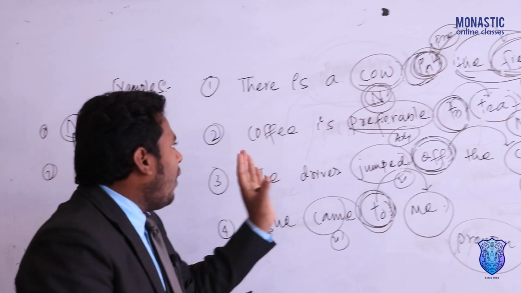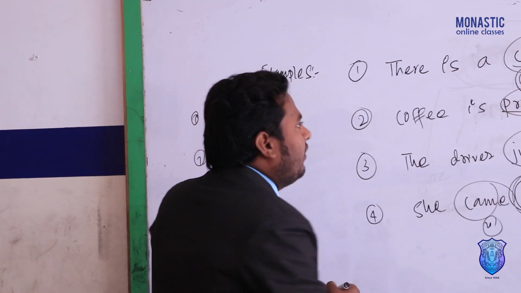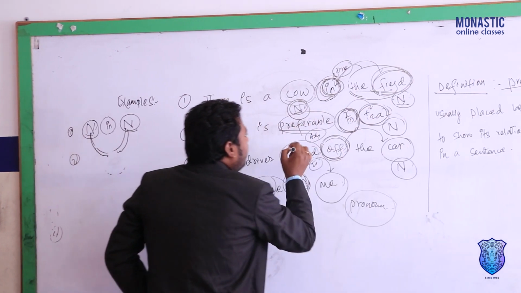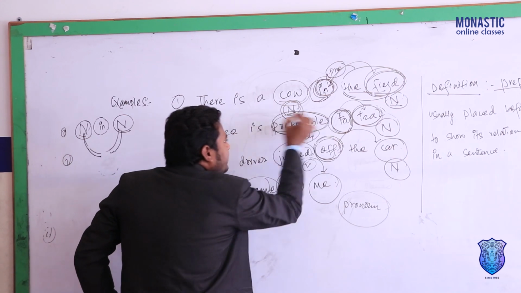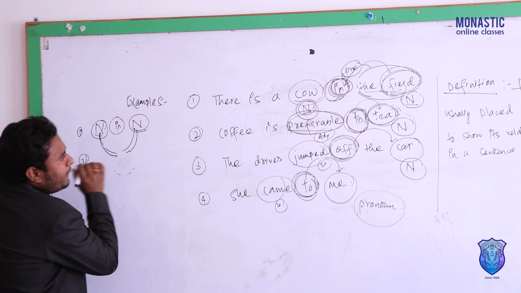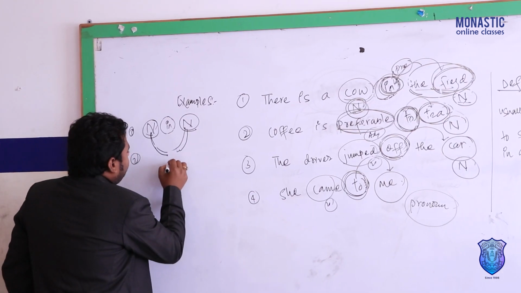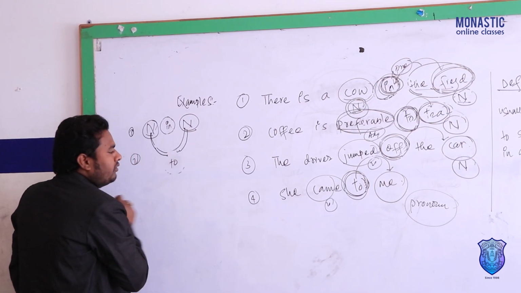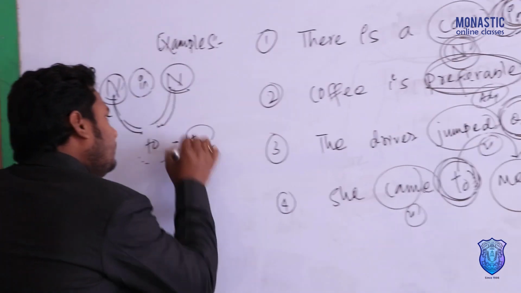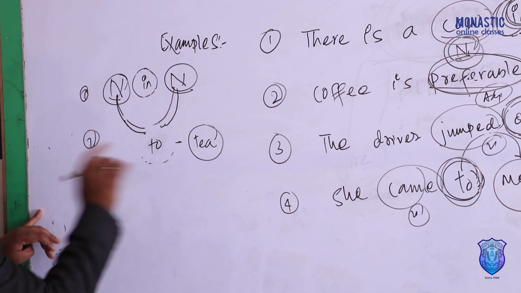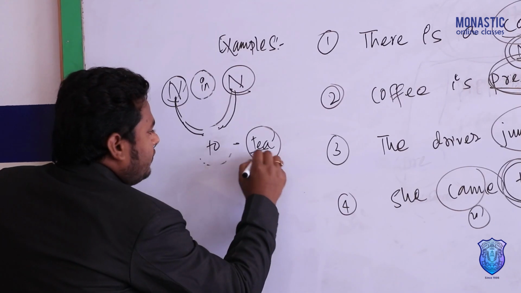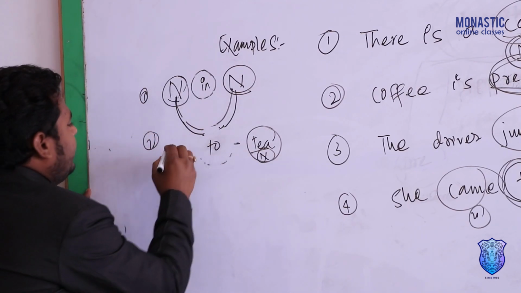In the second example, you can see, coffee is preferable to tea. Here to is our preposition and tea is our noun, whereas preferable is our adjective. After to, tea is our noun, and before to, preferable is an adjective.